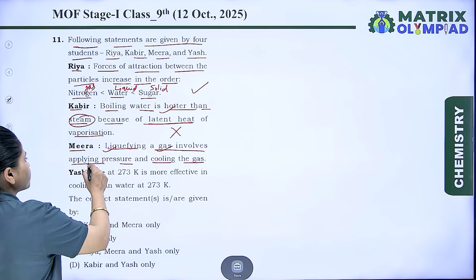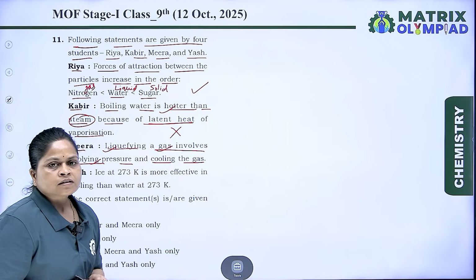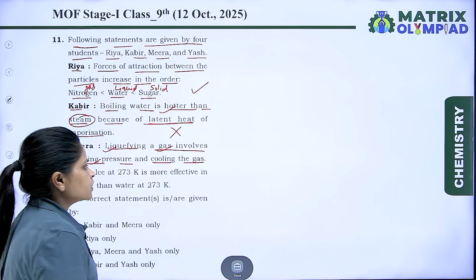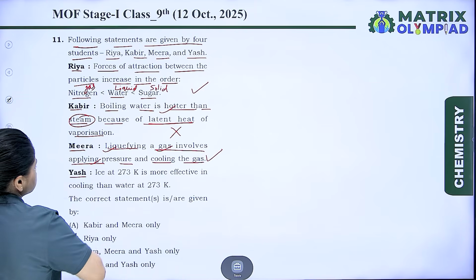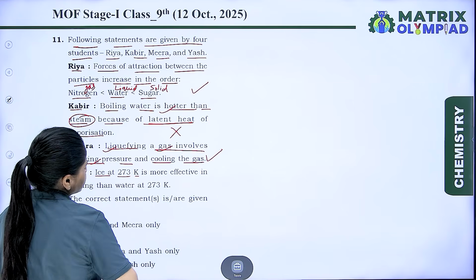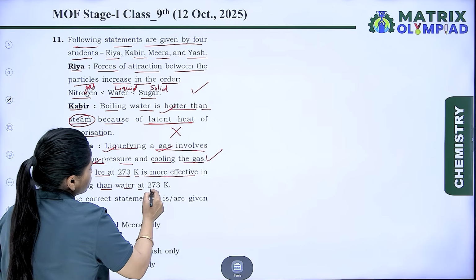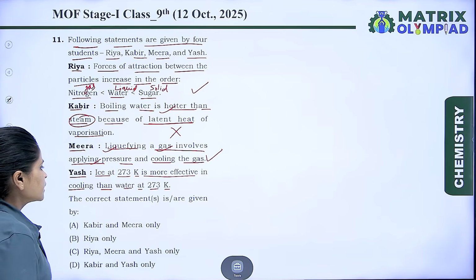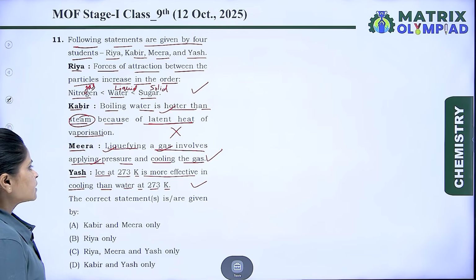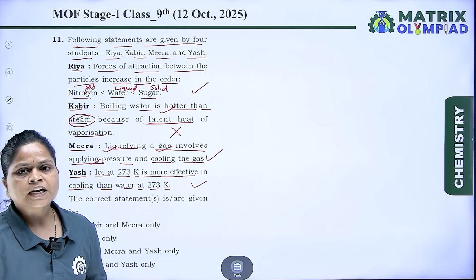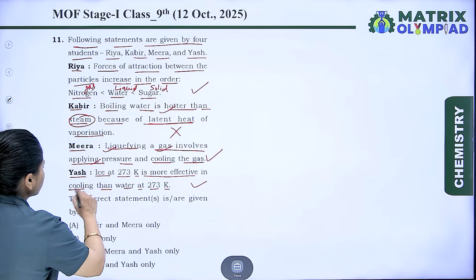After applying pressure, particles come closer and cooling lowers the thermal energy of particles. So she said correctly. Yash: ice at 273 K is more effective in cooling than water at 273 K. Yes, Yash said correctly, as we know that ice has latent heat of fusion, and it absorbs this and so causes cooling.